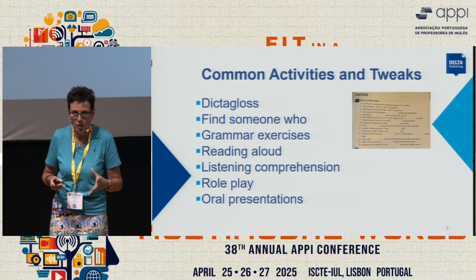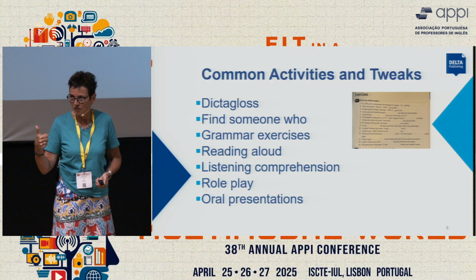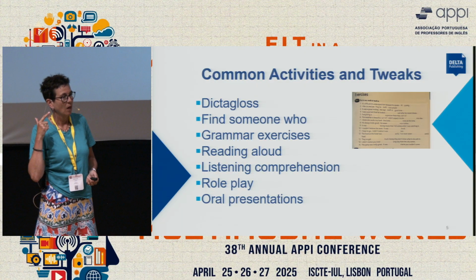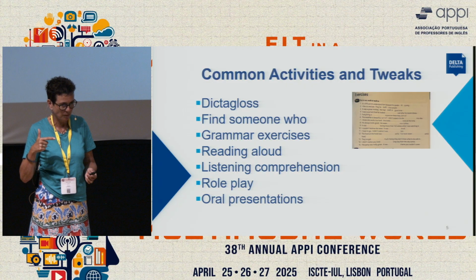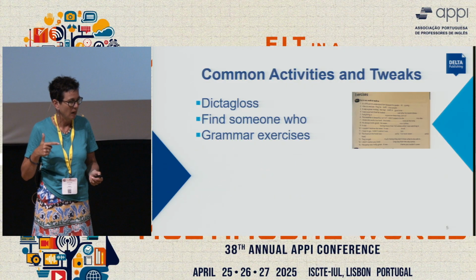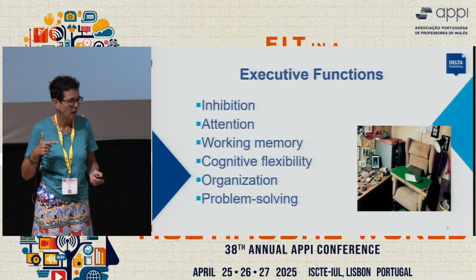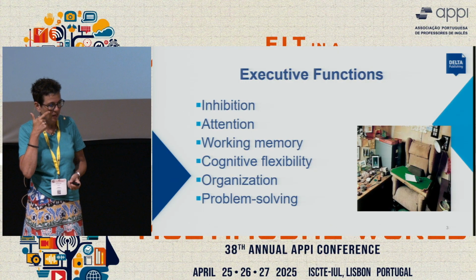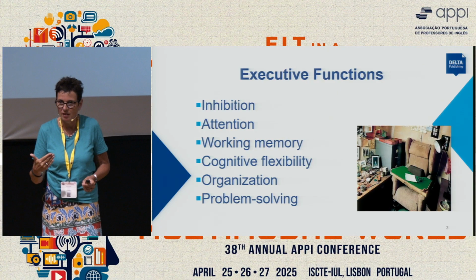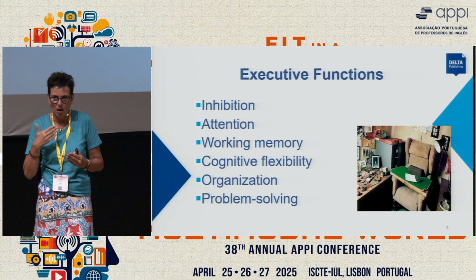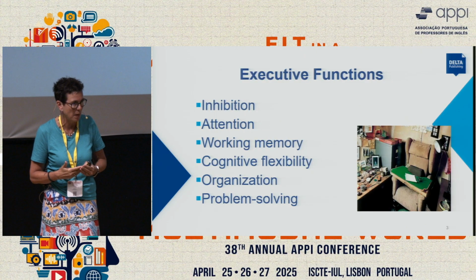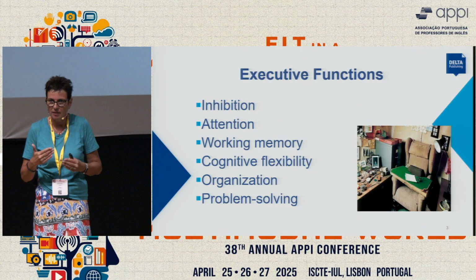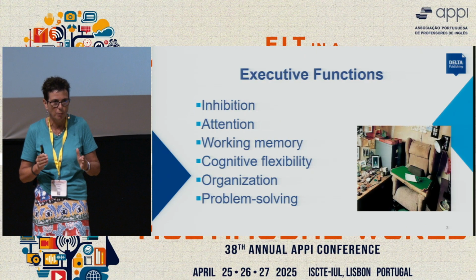Okay? So you're going to choose an activity. You're going to look at the challenges in relation to our executive functions. Is this activity going to require too much attention? Is it going to work hard on short-term memory? Are we asking students to problem solve in one particular way?